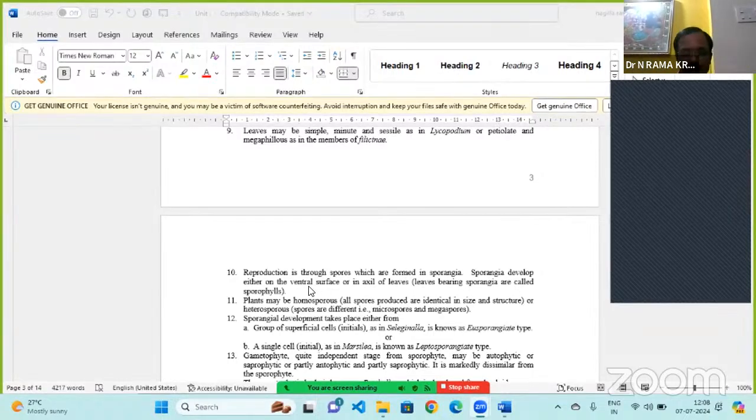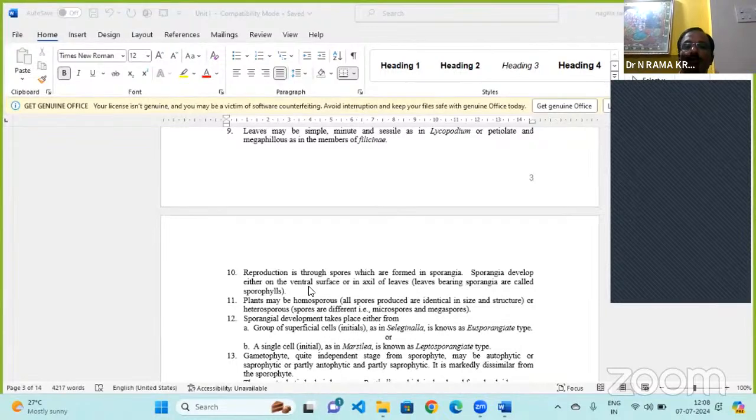The spores are produced in a sac-like structure called sporangia, which contain the spores. Phylls means leaves; the leaves which contain the spores we call sporophylls.